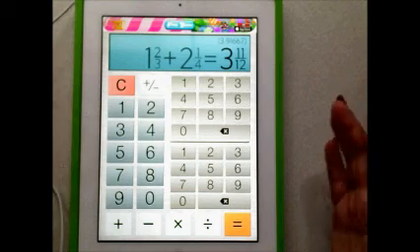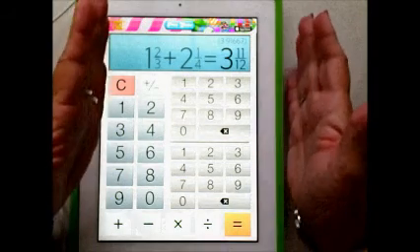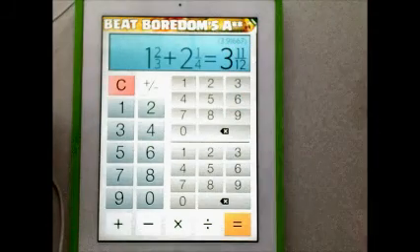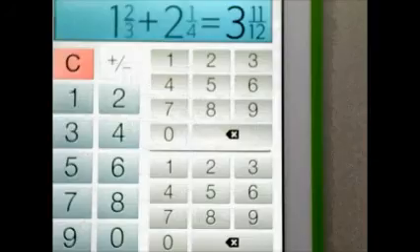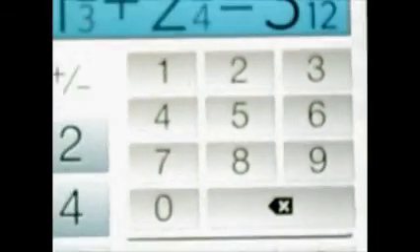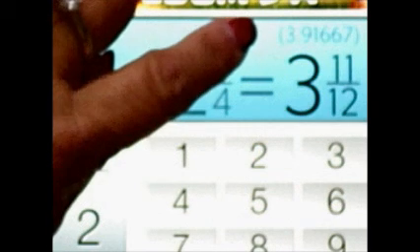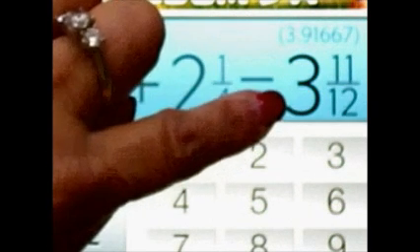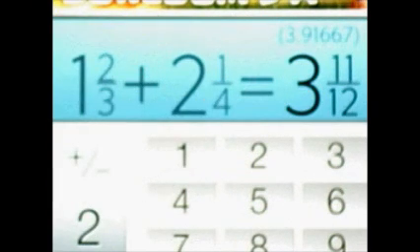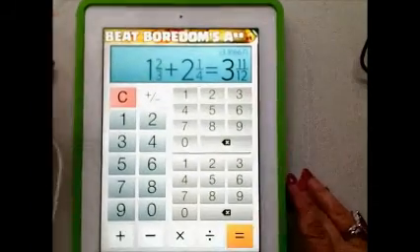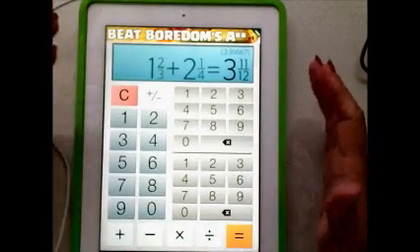So this is another thing. Not only can we add, we can also see the decimal equivalent. If I zoom in here, right up above at the top, I have a decimal equivalent and a fractional part. Now, I know that in many schools the use of phones is frowned upon.